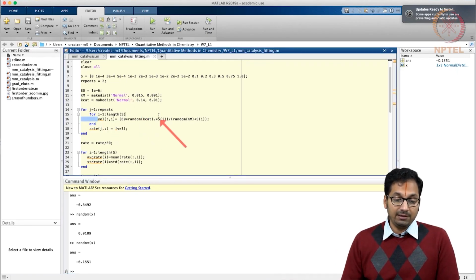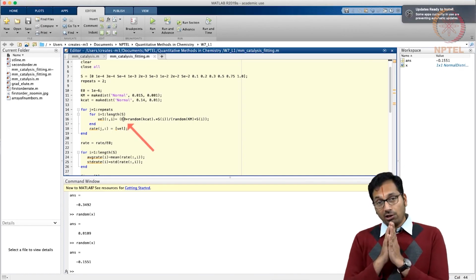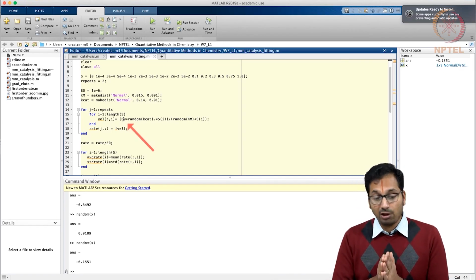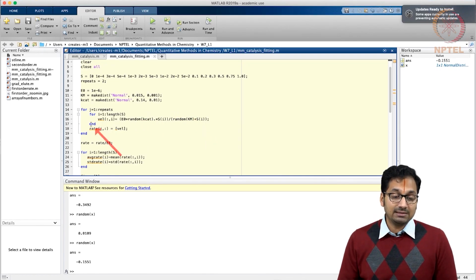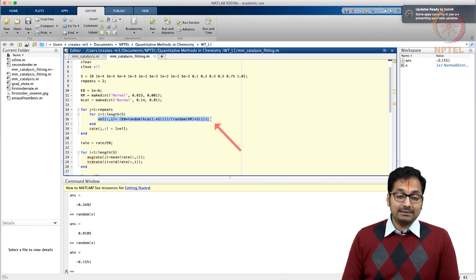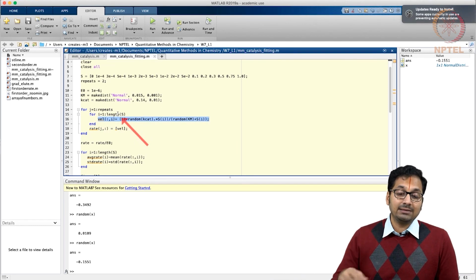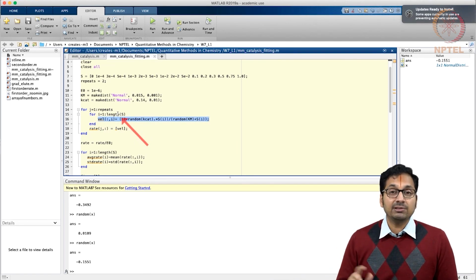So what ends up happening now is that the velocity is simulated for every substrate concentration, and the enzyme concentration is kept constant. You can also introduce an error there, that could also be done, and the random value for each km and k cat will simulate a certain specific value of rate. As the concentration of S is increased, the k cat is also randomized, and so is km.